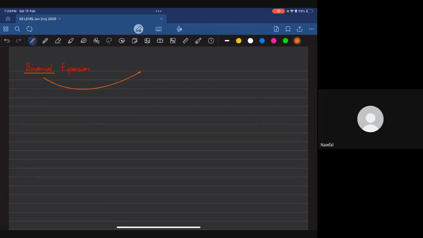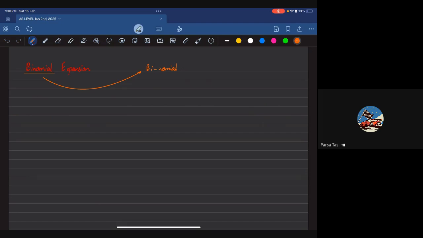So, can anyone tell me what is the meaning of the word binomial? So it's kind of in the name. Bi is like two, and nomial is like names. You're absolutely right, Barsa. This is in the name.